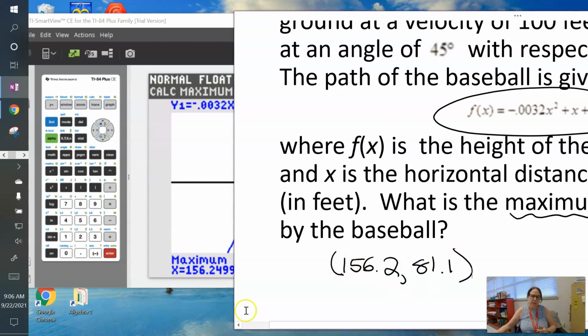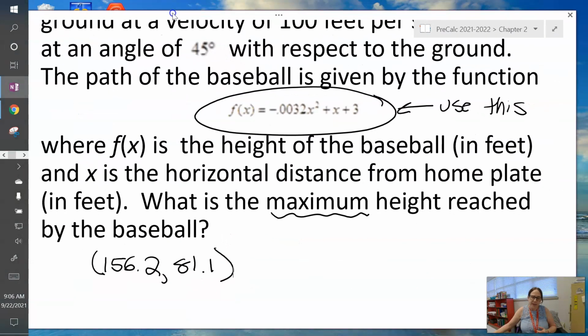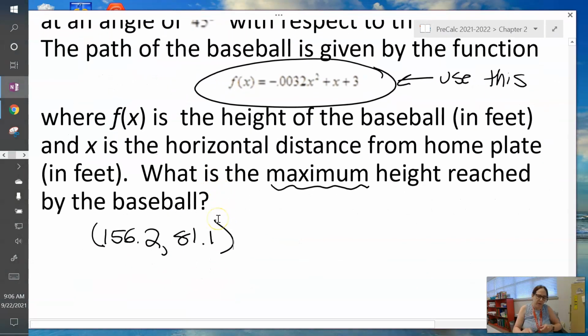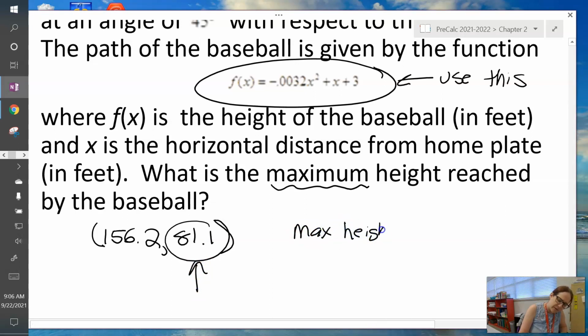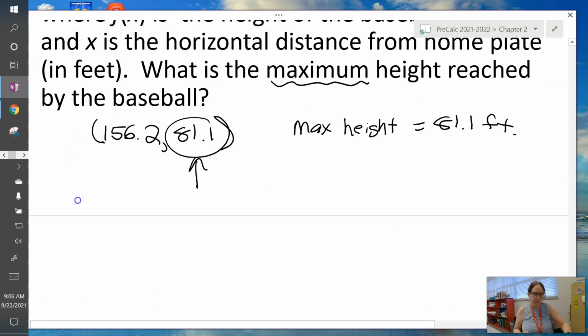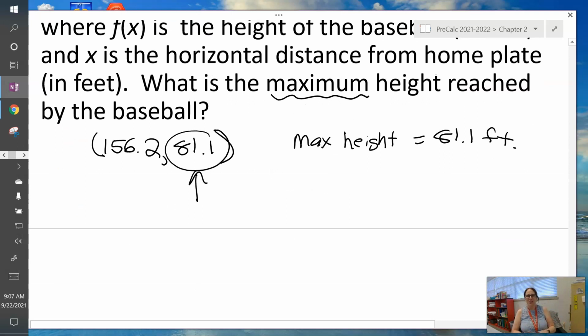So that's the location of the maximum. That means that the maximum height of the baseball is the y coordinate. So max height is going to equal 81.1 feet. All right, that's it for today. Thank you for watching and have a great day.